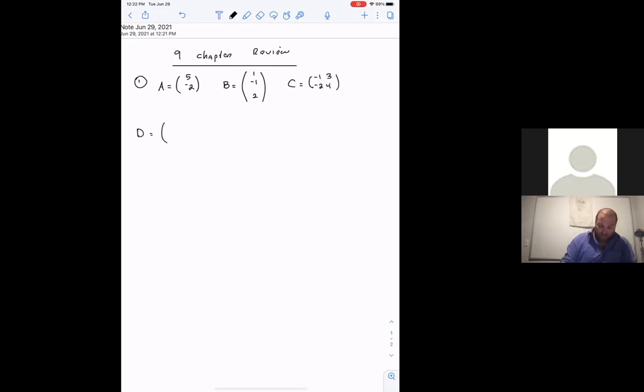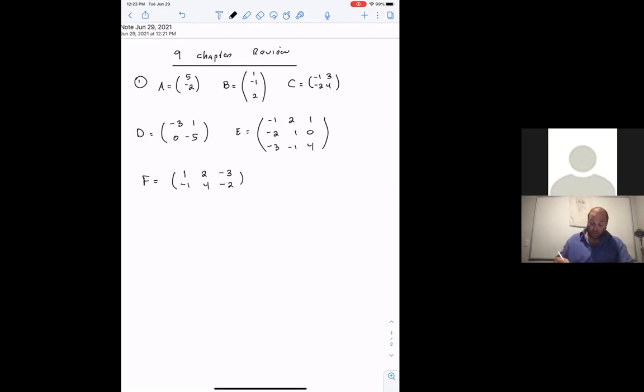D is another 2 by 2 matrix, -3, 1, 0, -5. E is a 3 by 3 matrix, -1, 2, 1, -2, 1, 0, -3, -1, 4. And F is a 2 by 3 matrix, 1, 2, -3, -1, 4, -2.